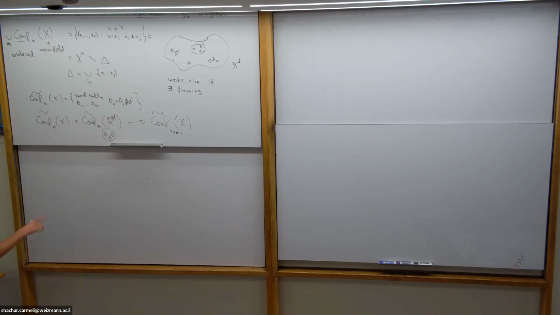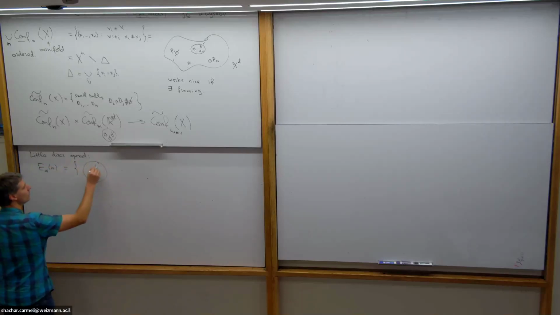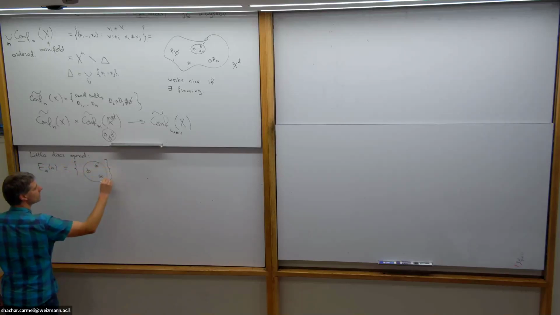is that this is the main example of the little disks operad. So the little disks operad is the following thing: E_d of n is the configurations of one ball with n balls inside it.